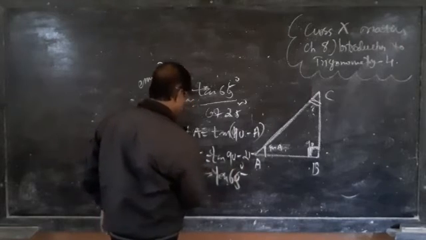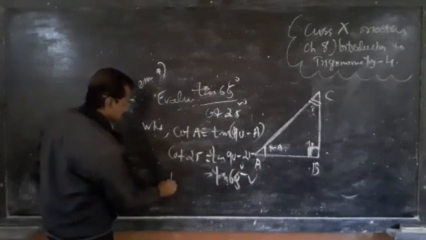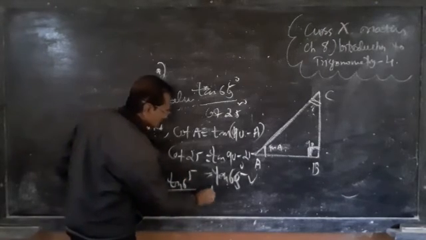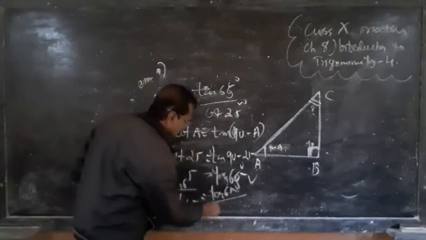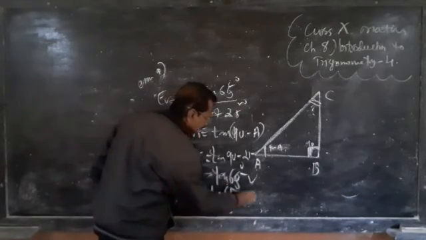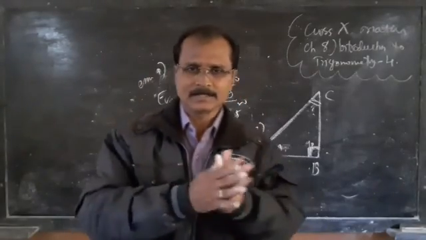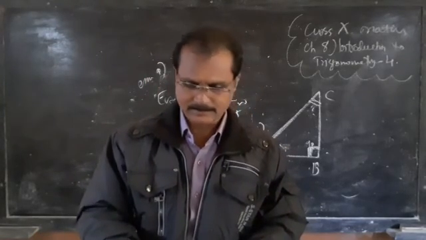These two are equal. Therefore tan 65 upon cot 25 equals tan 65 upon tan 65, equal to 1. So the answer is 1. Okay, so this is very simple, and also please complete 10 and 11 from this chapter.